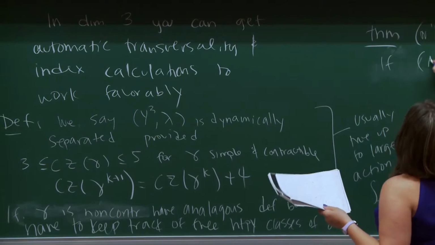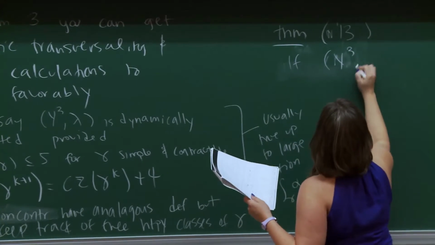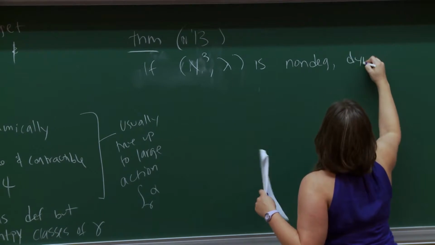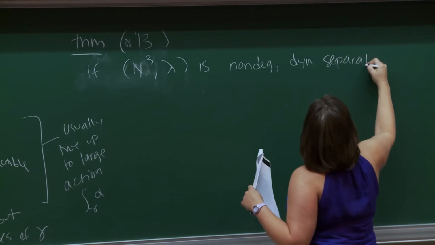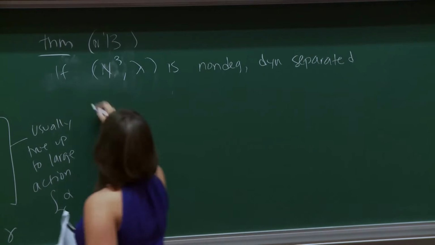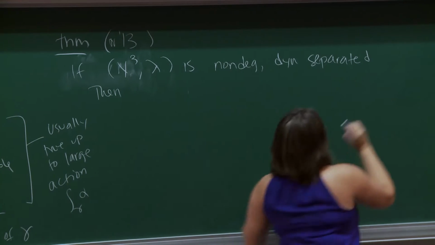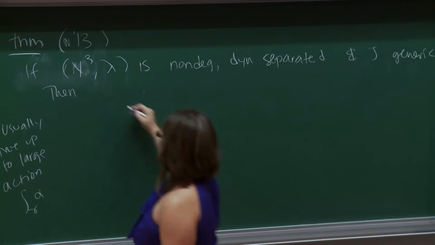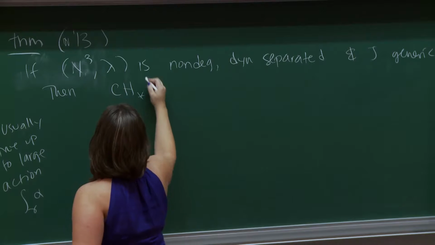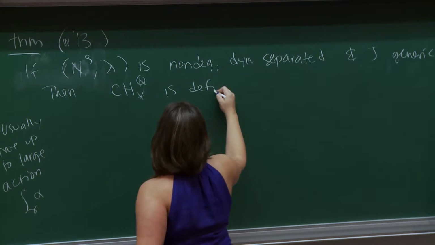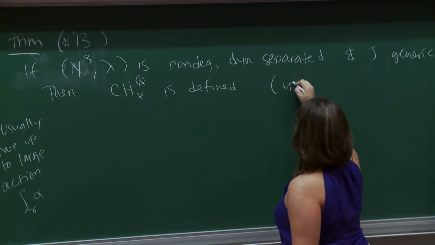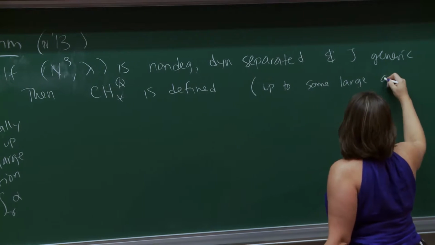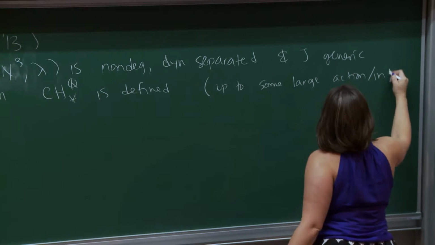So if Y3 lambda is non-degenerate dynamically separated, and J generic, then the cylindrical contact homology is defined, and sometimes up to some large action index, sort of.